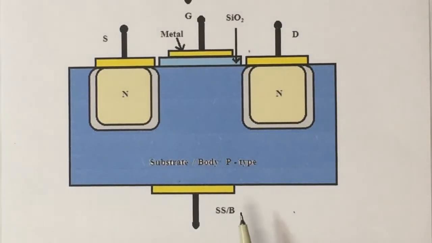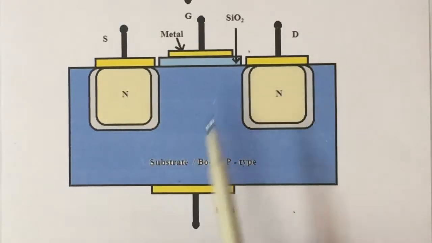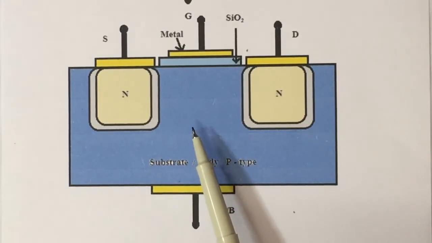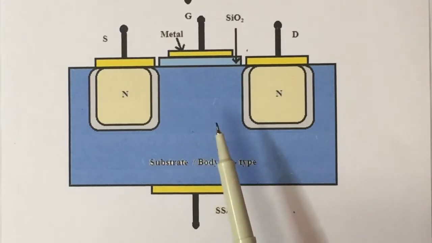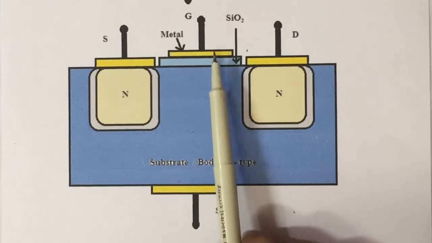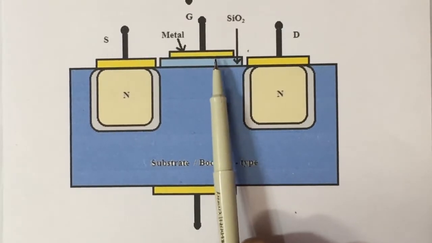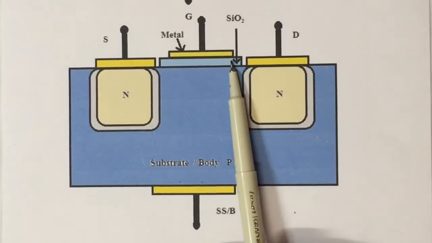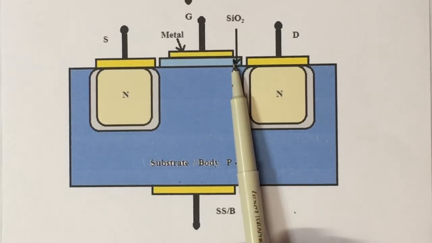In this diagram, we can see that there are four terminals: source, drain, substrate and the gate. The gate terminal is not in direct contact with the substrate or the body. The gate is located over a very thin layer of silicon dioxide, and over this layer a metal contact is formed and the terminal is given the name gate, G. The width of silicon dioxide is nearly equal to 1000 angstrom and it is also known as the gate oxide.